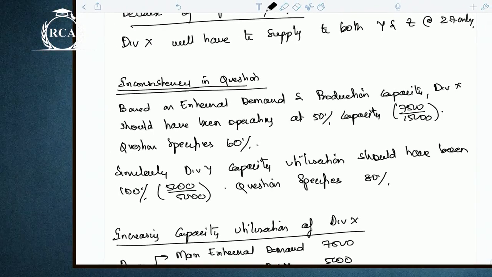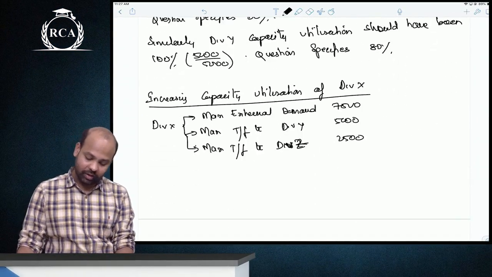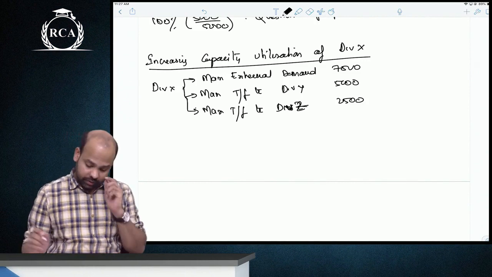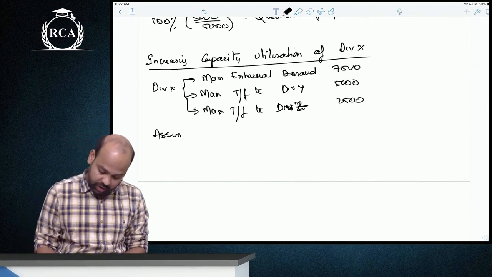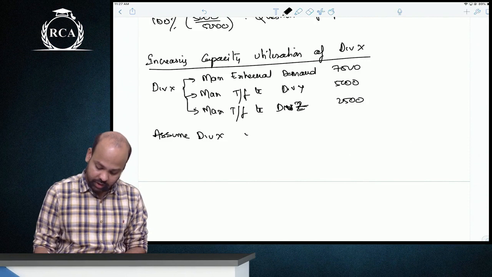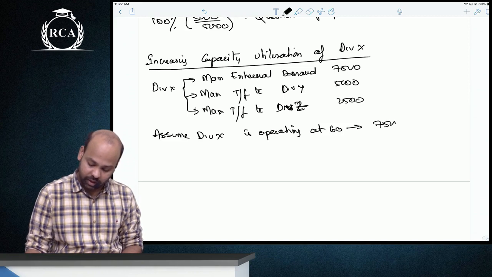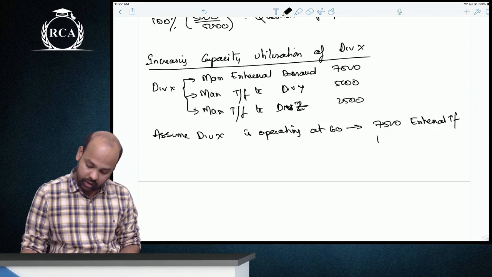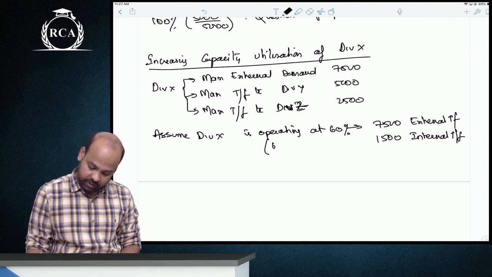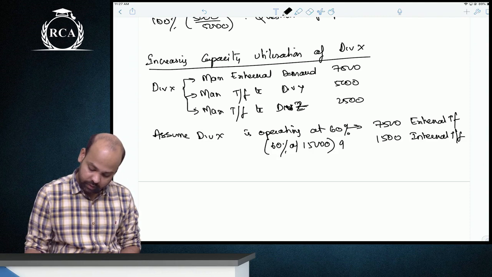Now, what will you do to increase capacity utilization? Assume division X is operating at 60%. 60% of 15,000 is 9,000 units.